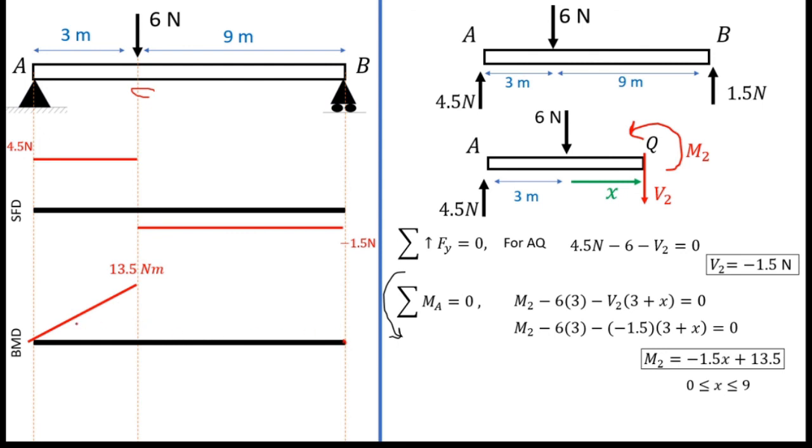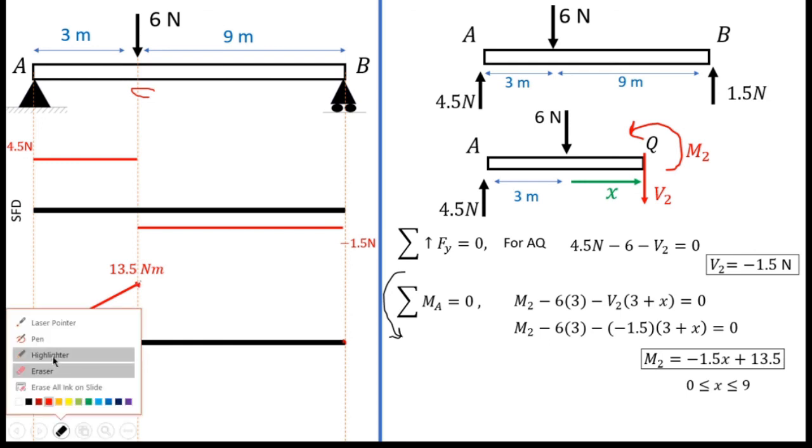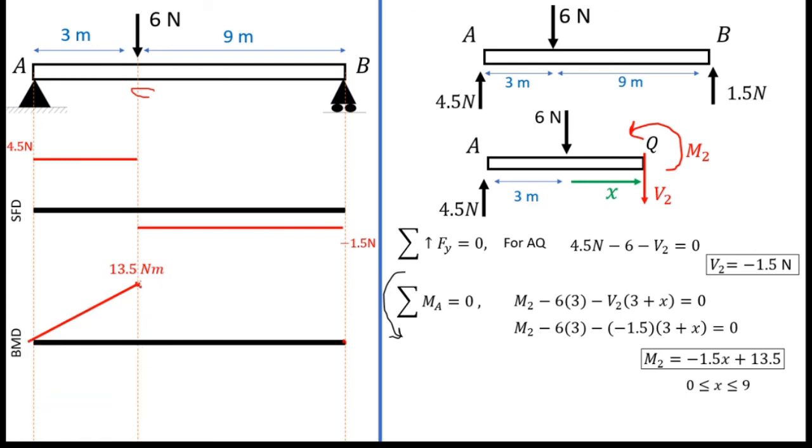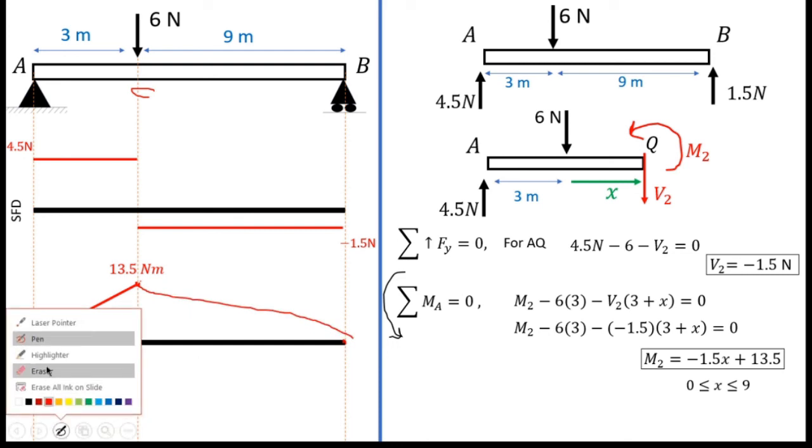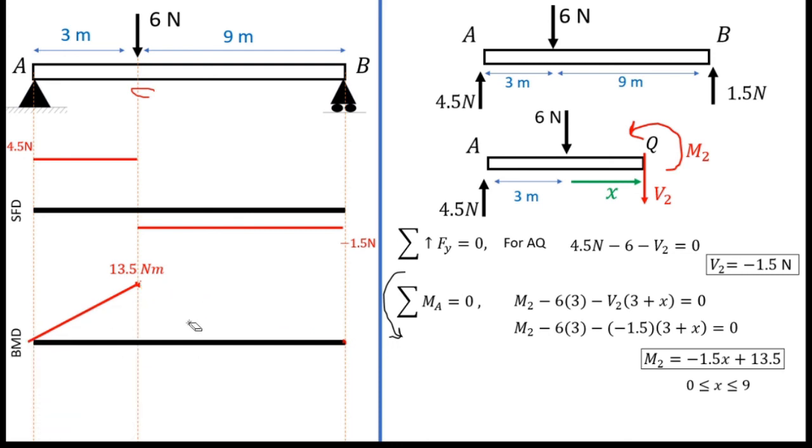These bending moment diagrams are continuous, so if the previous diagram ended here, the next diagram starts from this point. So that means the bending moment diagram is like this. I will show you clearly, draw a line, like this.